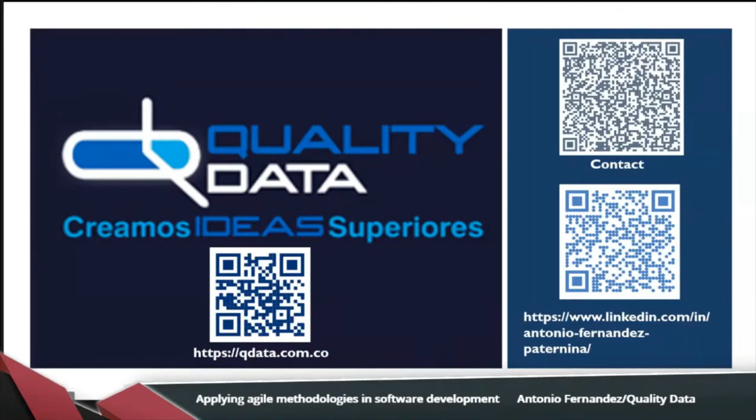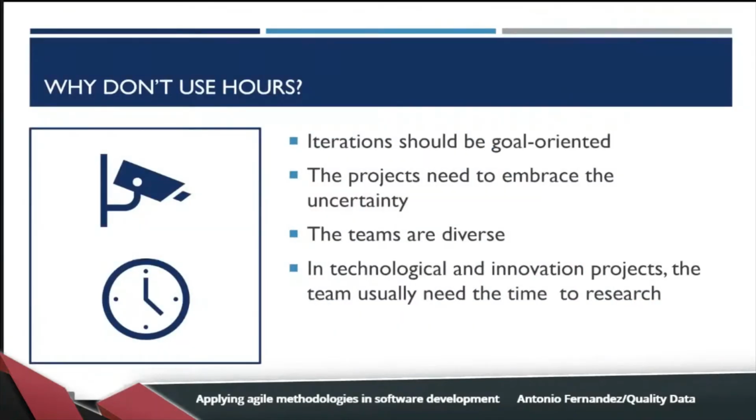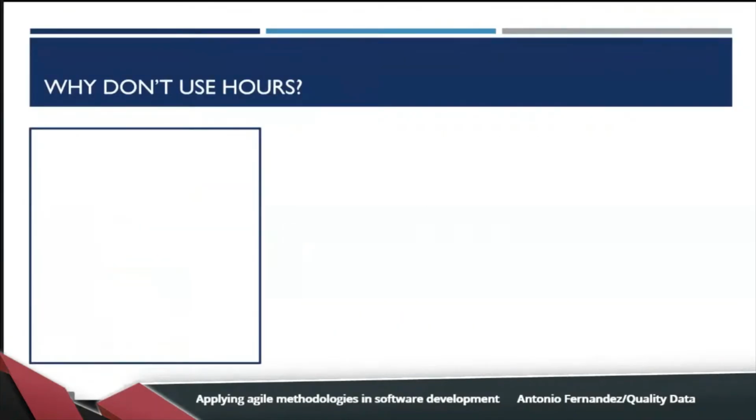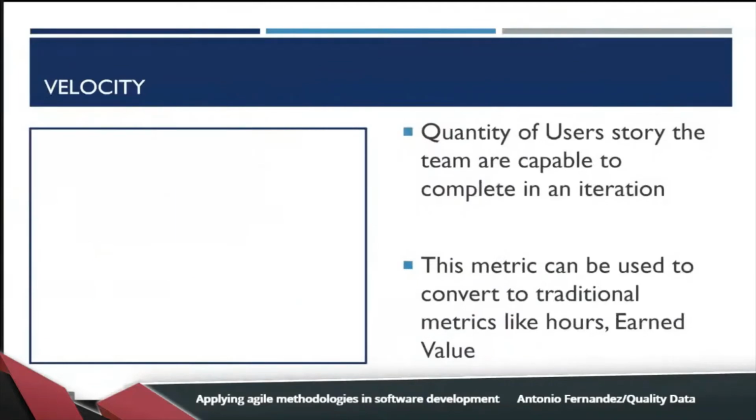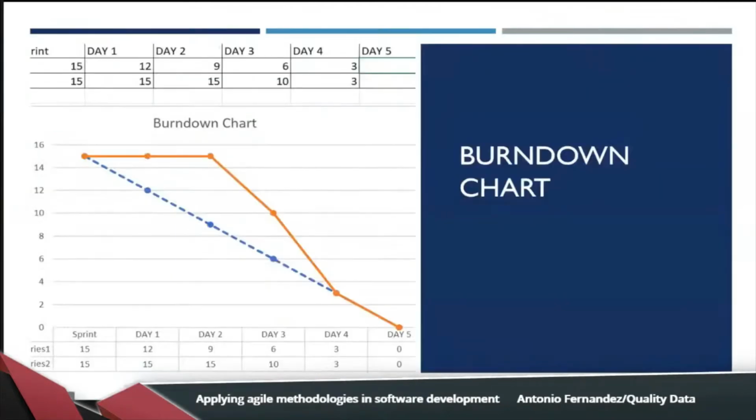In the burn down chart, we have the total of story points for each user story. Generally, we have more than one user story for an iteration. For example, we can have one user story of 5 story points, another of 3, another of 2, and the last of another 5.